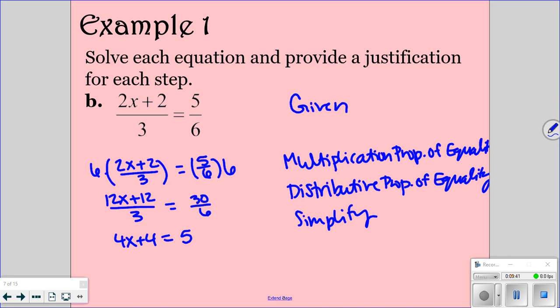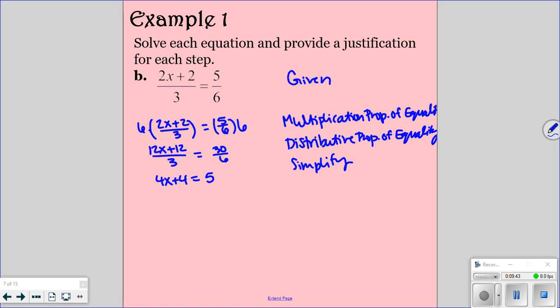After that, I want to subtract 4 from both sides of my equation. And so that's going to be the subtraction property of equality. And then we simplify.